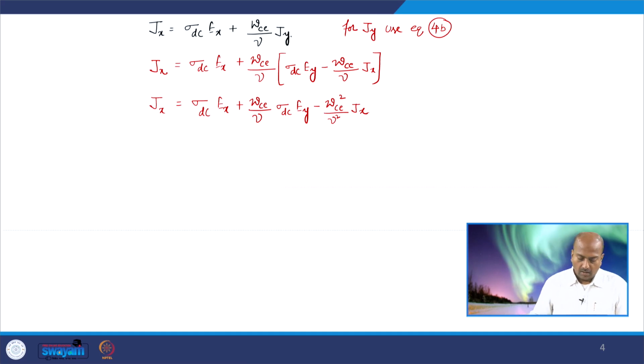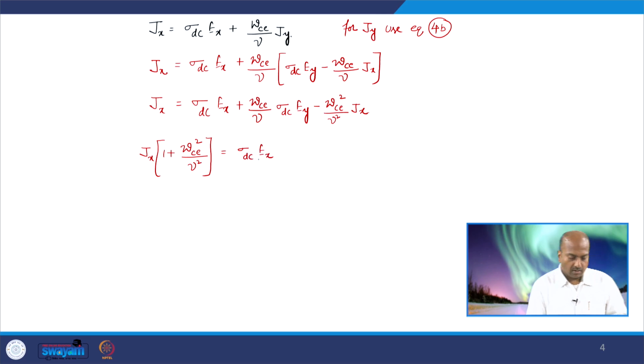So, I will extract jx to the left side, and I write jx times 1 plus omega ce square divided by nu square is equal to sigma dc times Ex plus omega ce divided by nu sigma dc times Ey.